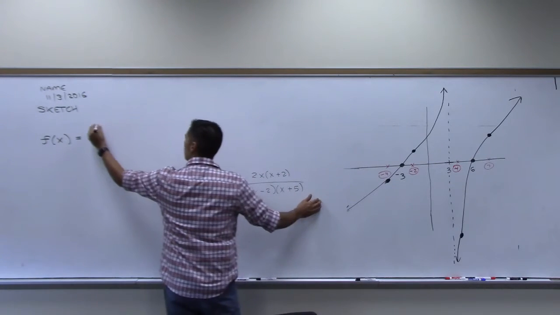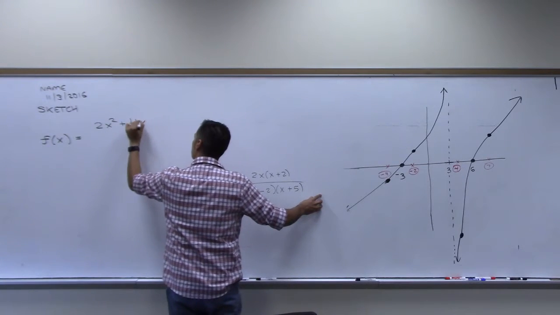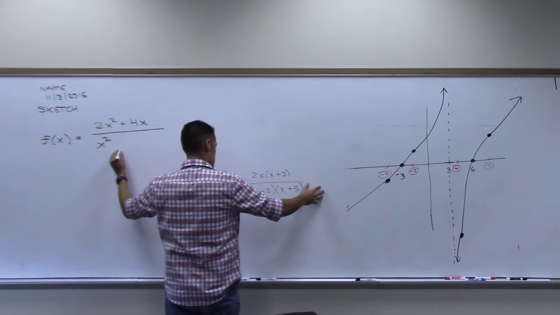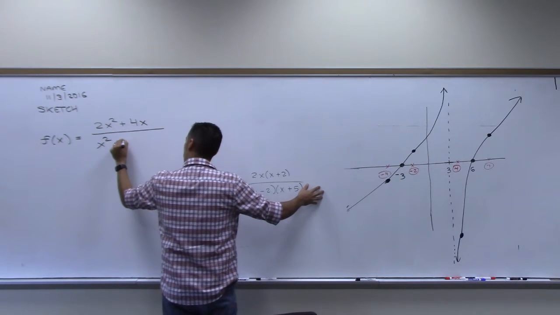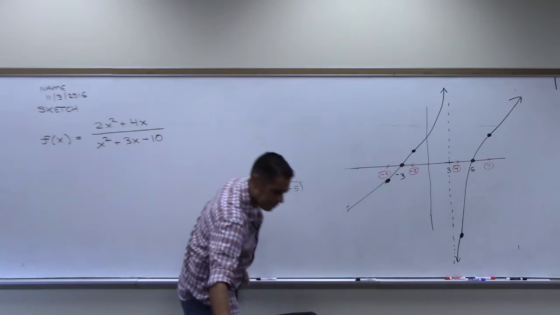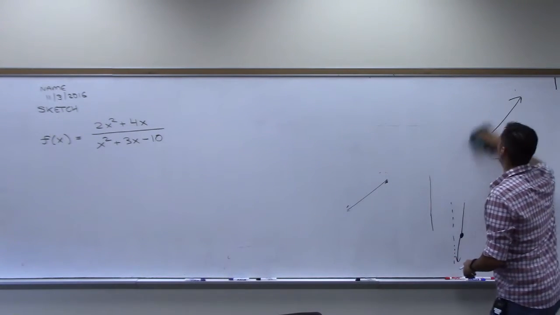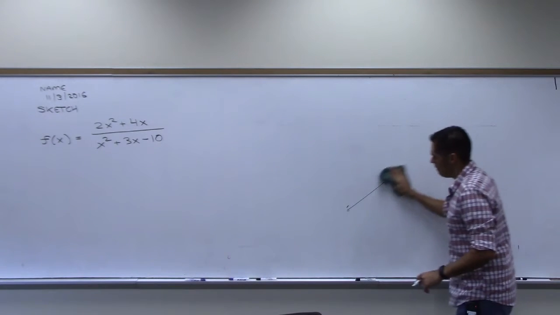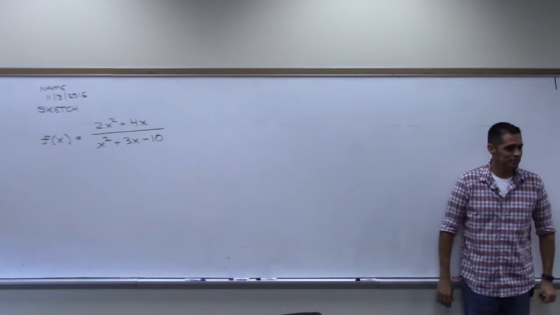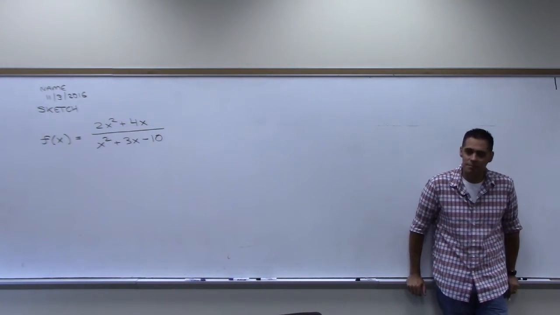So here we go. 2x squared plus 4x over x squared plus 3x minus 10. Good? There you go. Enjoy.